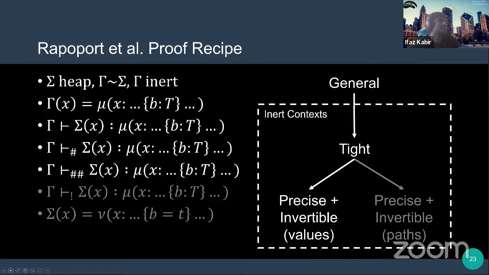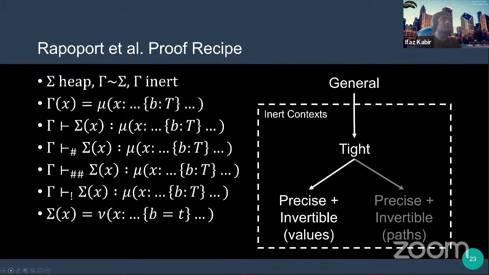Similar to above, it has the same precise and invertible type, and again the same precise type. And then from the precise type, we can invert this to get to the actual value in the heap. So we went from saying that the value has this object type to the value is this object with a field B.